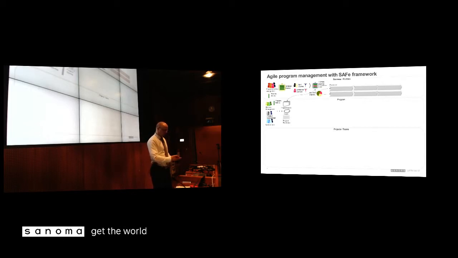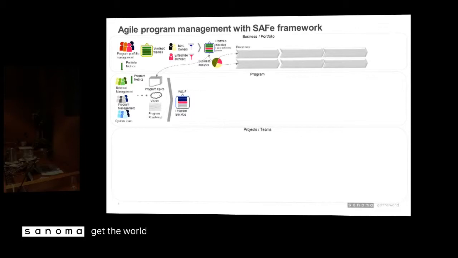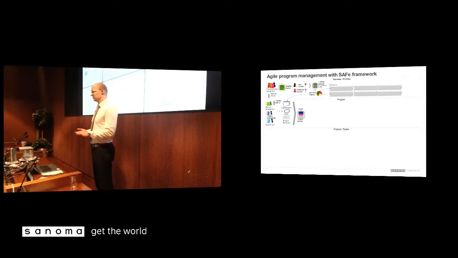When the epics are done, visions are done, and the program roadmap is stated, we are supposed to have a program backlog, which is prioritized. WSJF, weighted shortest job first, is actually quite good advice on how to prioritize the epics in the backlog.